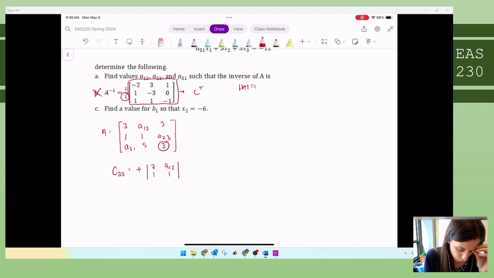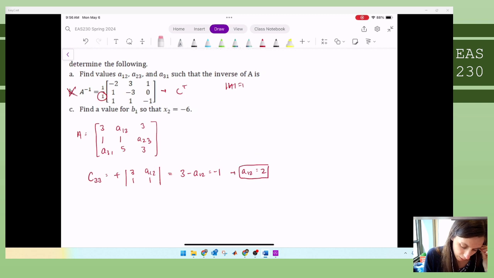So if this is cofactor 3,3 in A, then it's going to be this number here in my cofactors. So I have 3 minus A12, that should equal -1. So that means A12 is going to be 2. There we go, I solved for one.